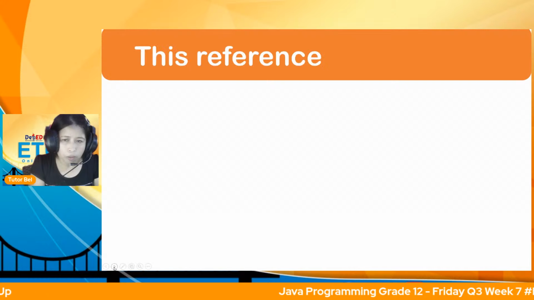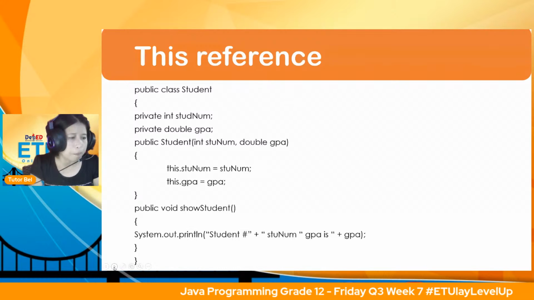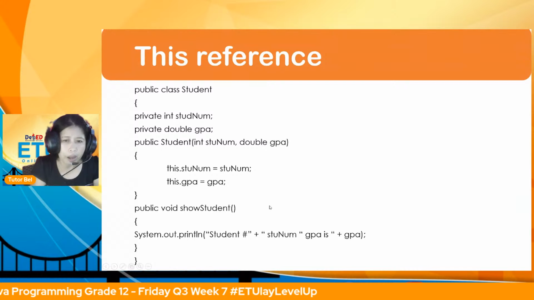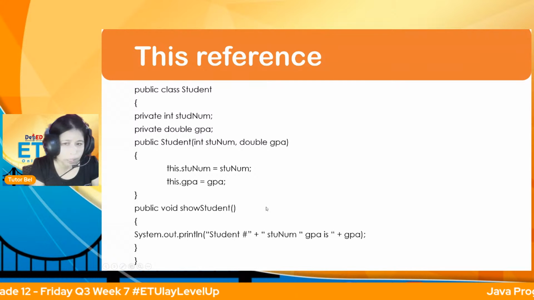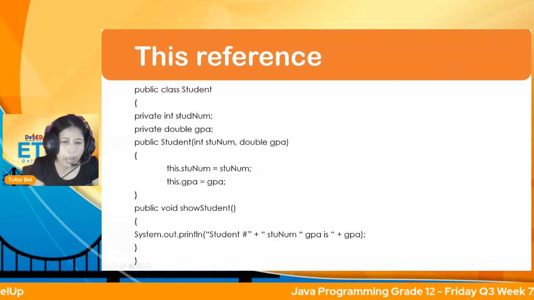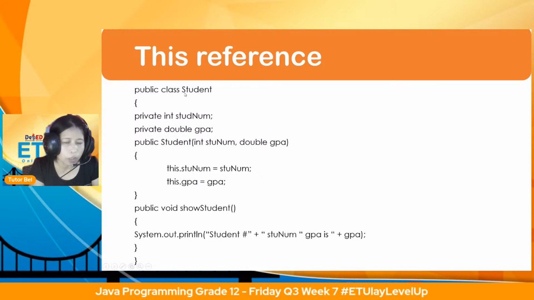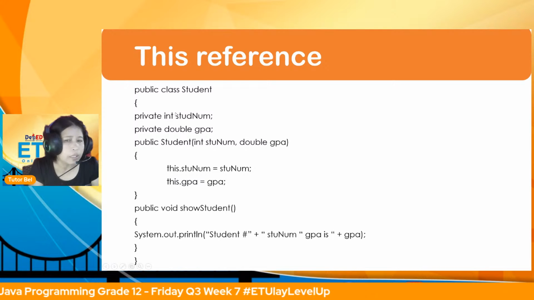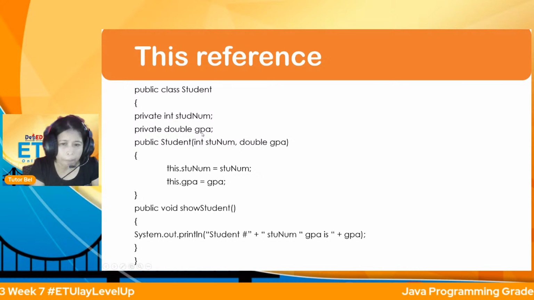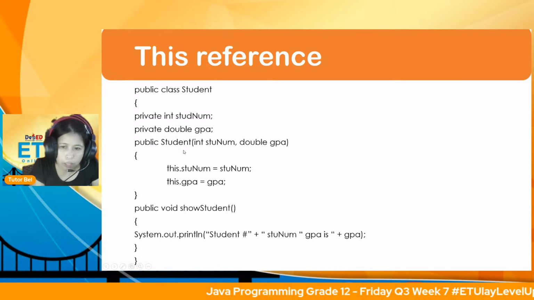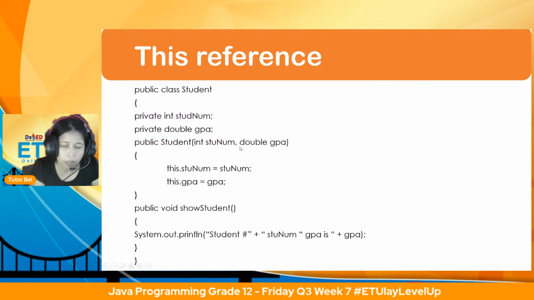Okay. So this is another example of the this reference. You may encounter this especially when we use inheritance. We have the class Student. Its attributes are studNum and the GPA. We have the methods to get our studNum and the GPA.